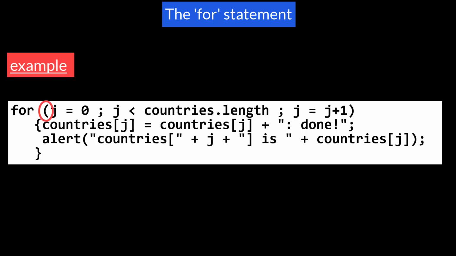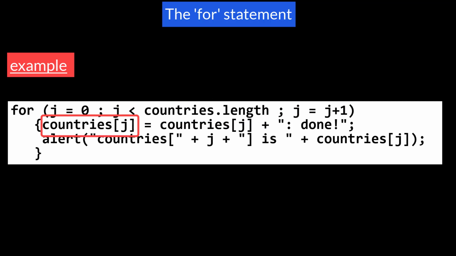For, parentheses, j equals 0, there's our initial value, semicolon, j less than countries.length, there's our test, and j equals j plus 1. That's how we get to the next item. And the code to run is this.